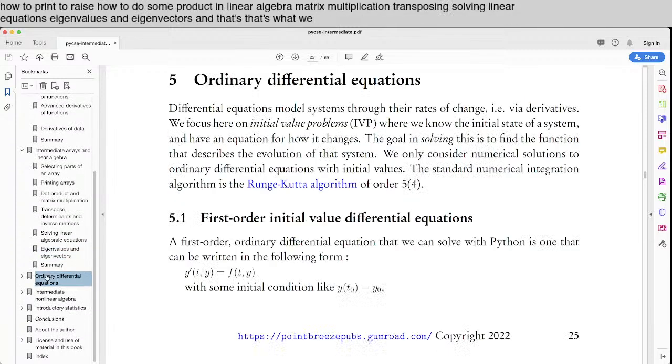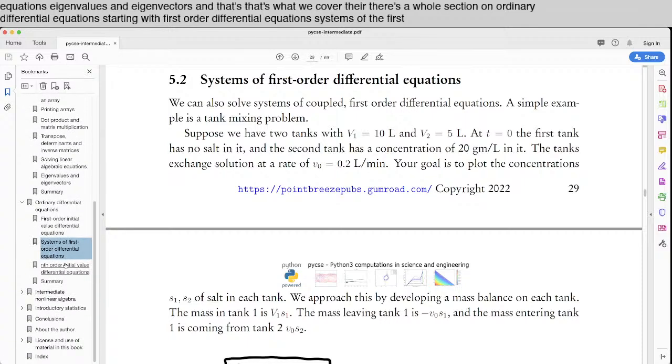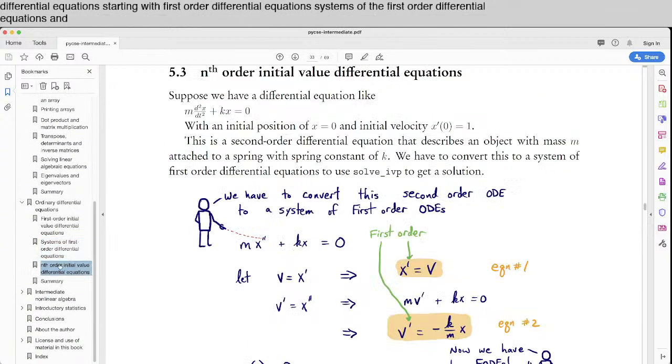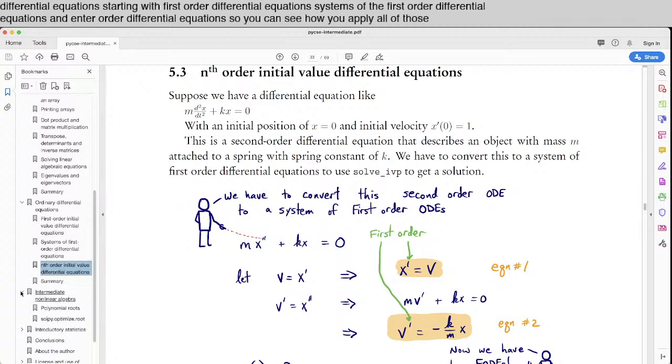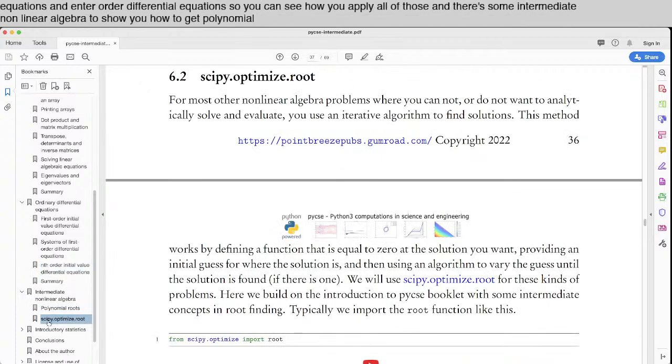There's a whole section on ordinary differential equations, starting with first order differential equations, systems of first order differential equations, and nth order differential equations, so you can see how you apply all of those. And there's some intermediate nonlinear algebra to show you how to get polynomial roots, and scipy.optimize.root for general nonlinear algebra solving.